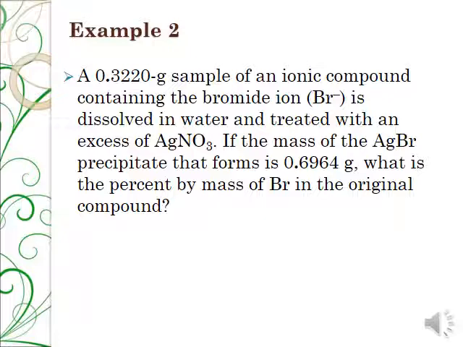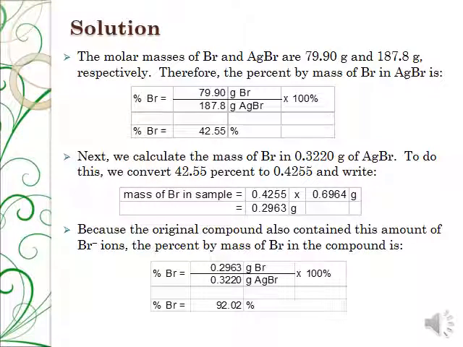Again, we solve this using the general formula that you should memorize. So we want percent of bromine. Substance sought is bromine, substance known is silver bromide, times gravimetric factor times 100.